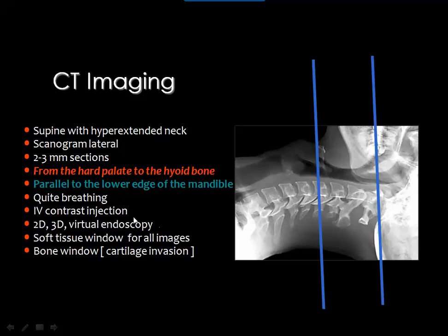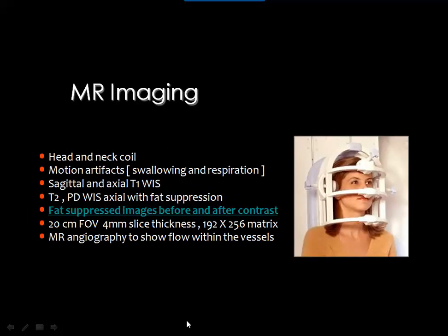Also, we can use the facility of virtual endoscopy by multi-detector CT. We display the images by the soft tissue window, and sometimes we use the bone window whenever you suspect lesions in the hyoid bone, for example, or in the mandible or in the cervical spine.